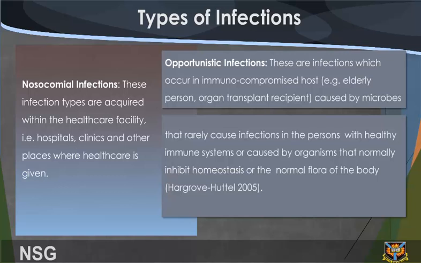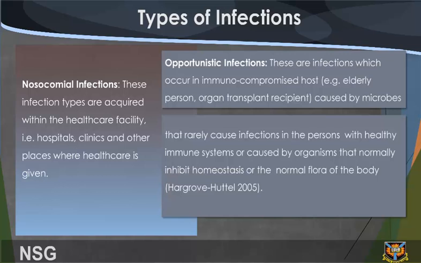Nosocomial infections. These infection types are acquired within the healthcare facility, that is, hospitals, clinics, and other places where healthcare is given. Opportunistic infections.